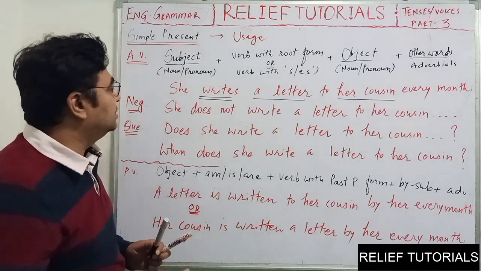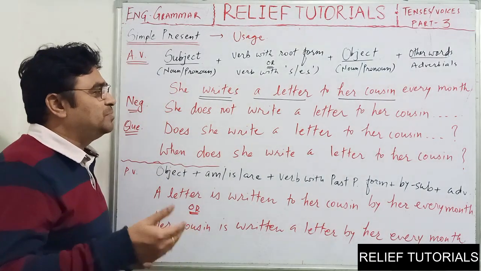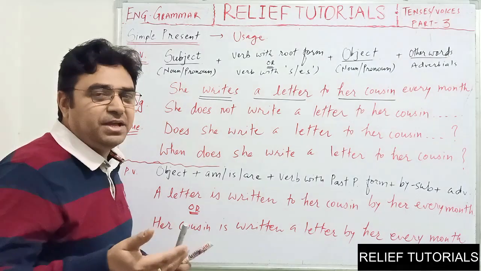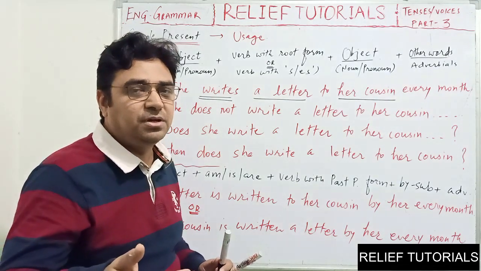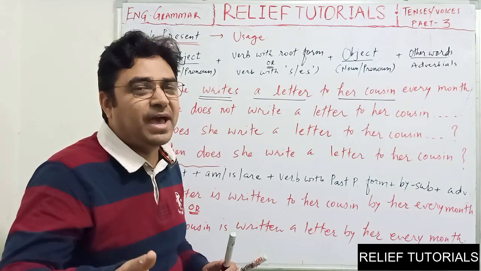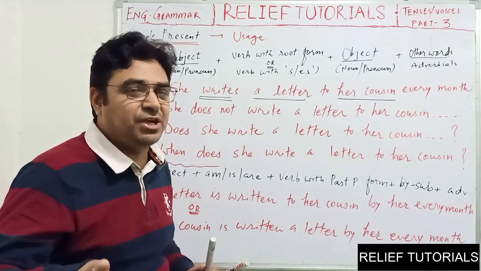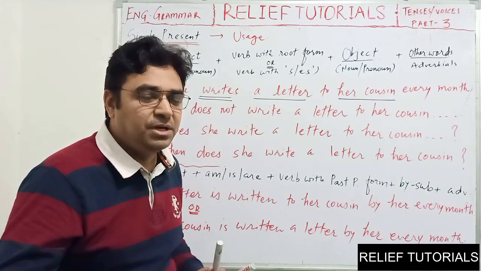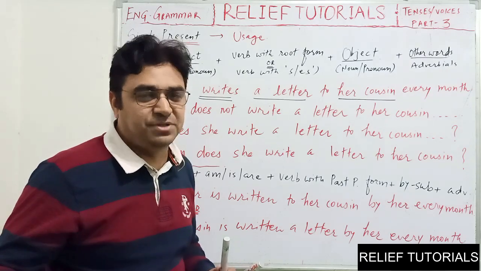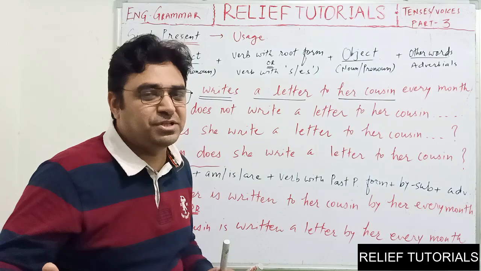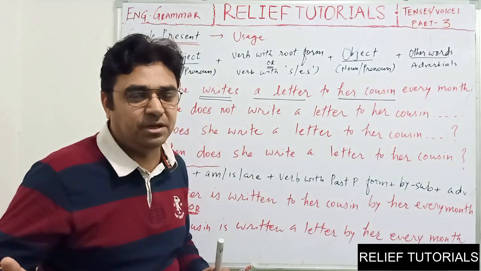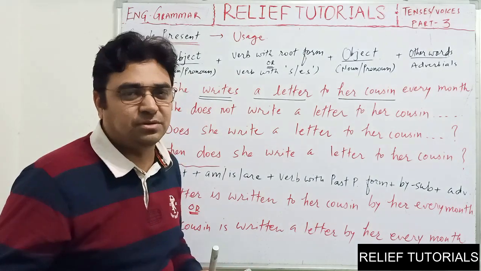Now friends, any sentence can be made negative by adding a not after the auxiliary verb or the helping verb in the sentence. And if the same helping verb or auxiliary verb is brought before the subject, or if it is the passive voice before the object in the beginning, it could be made a question.